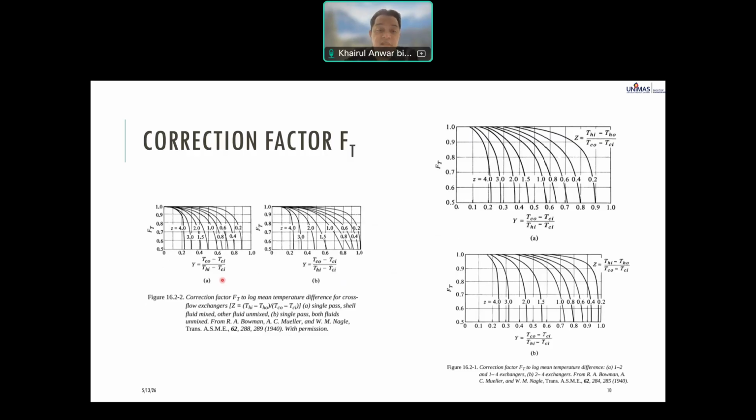So this is why you need to calculate Z and Y. Y is considered as the x-axis, Z is the line. So with these two values, Y and Z, we can determine the FT on the y-axis. Yes, see the y-axis.